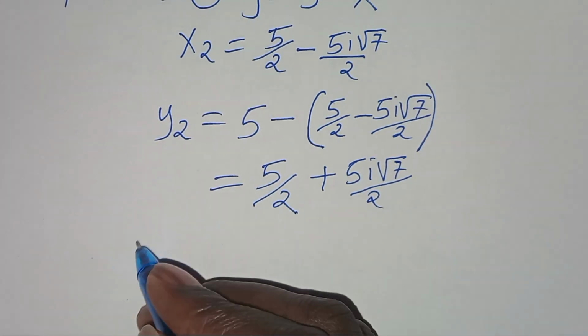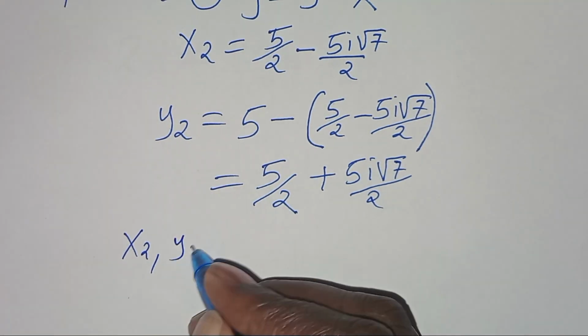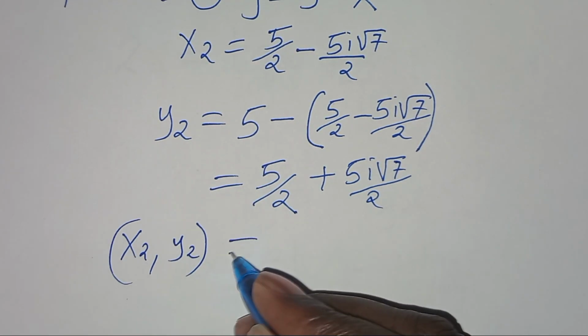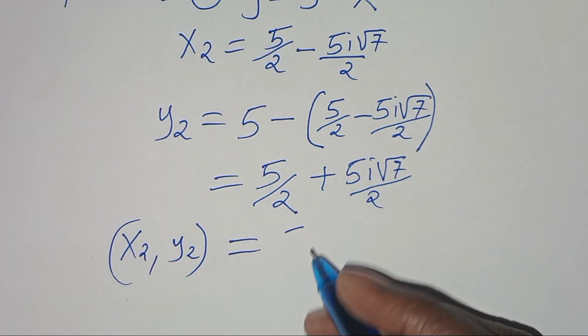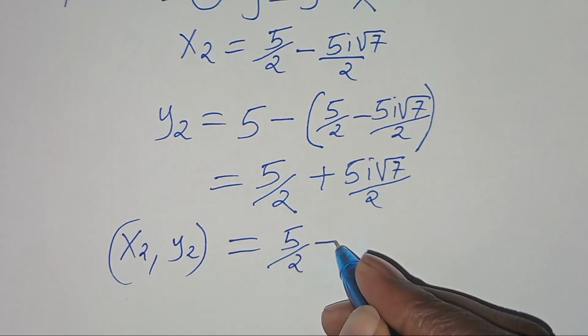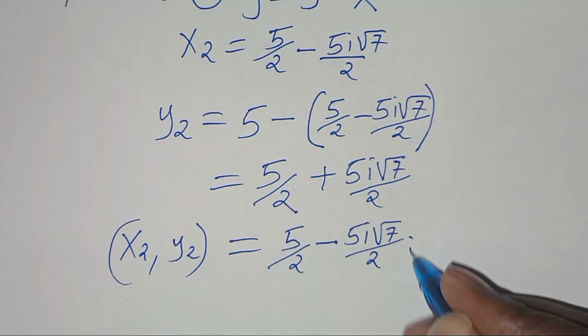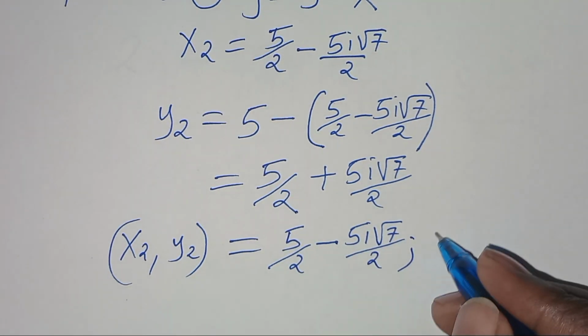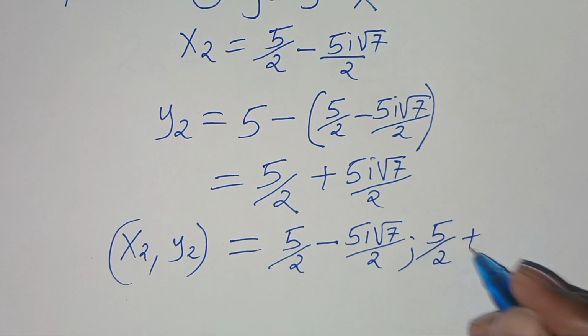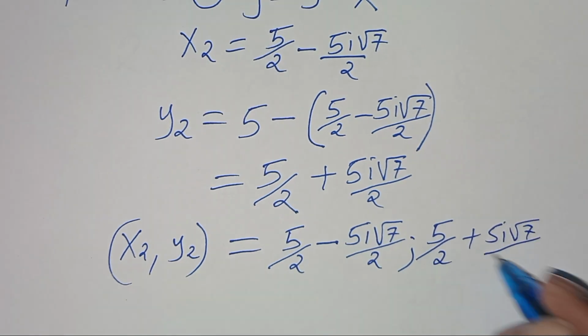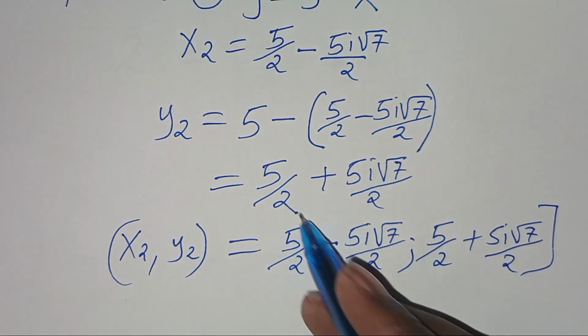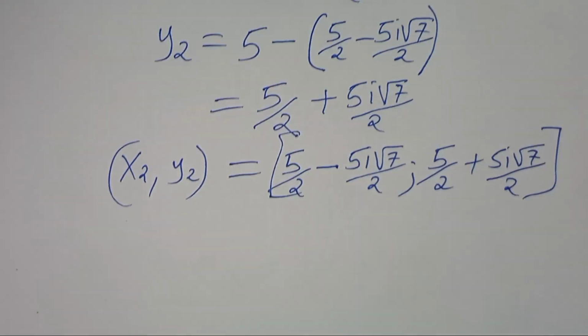So we have that x2, y2, this is the same thing as x2 is 5 over 2 subtract 5I square root of 7 divided by 2. And then we have y2, which is 5 over 2 plus 5I square root of 7 divided by 2. So this is the second set of solution that we have.